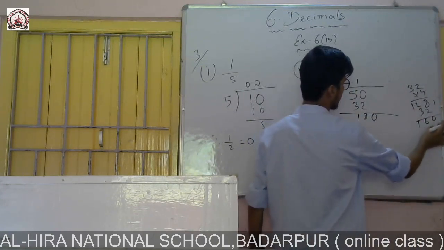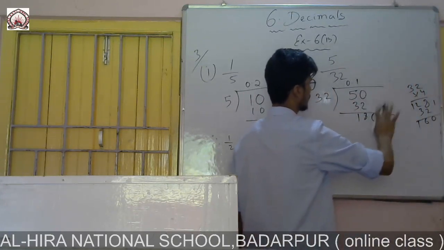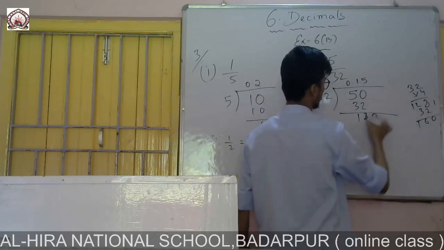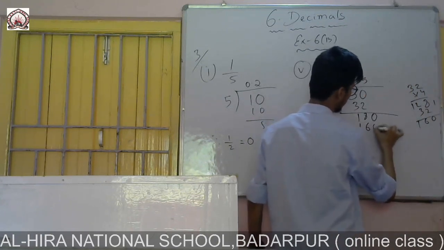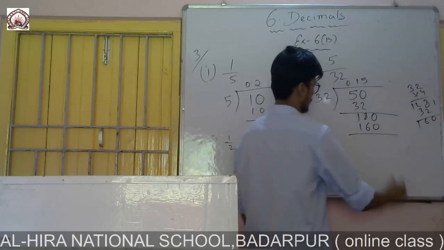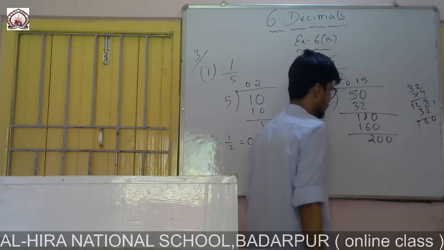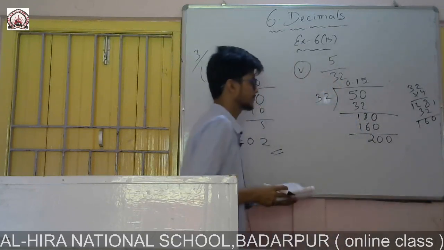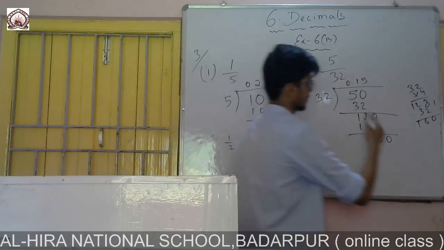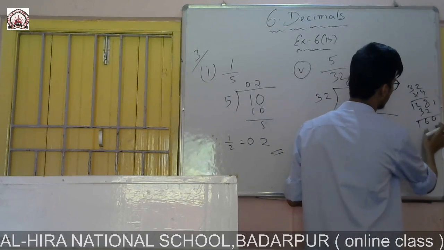And if I take 32 6s it will be 192, which is more. So 5s are 160, and there will be 20. Then again the decimal is there, I can put 10. Up to 5 we have checked, it is 160.